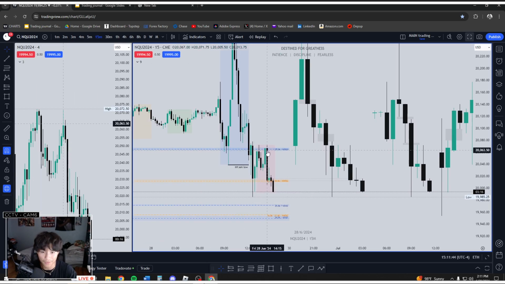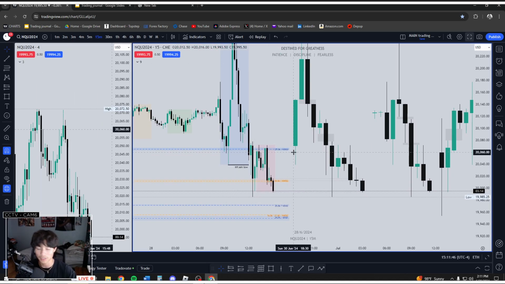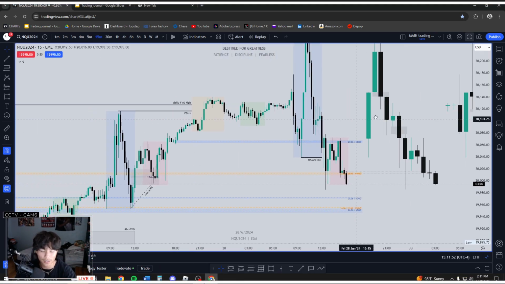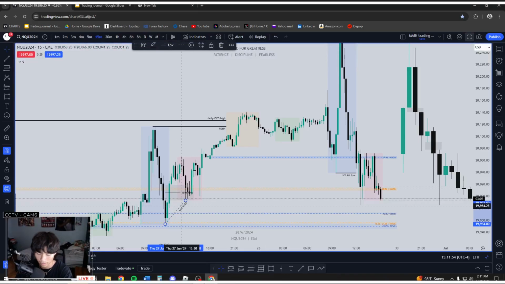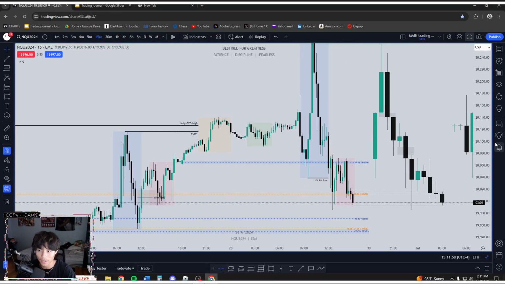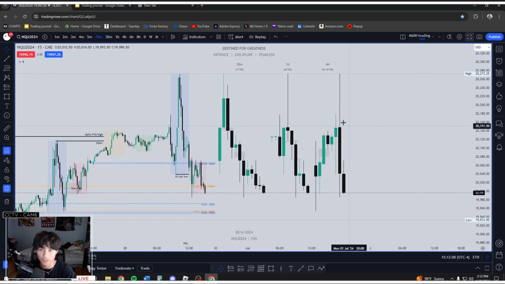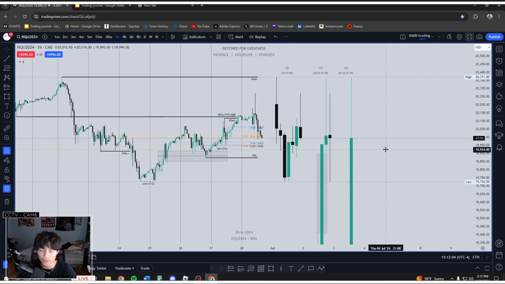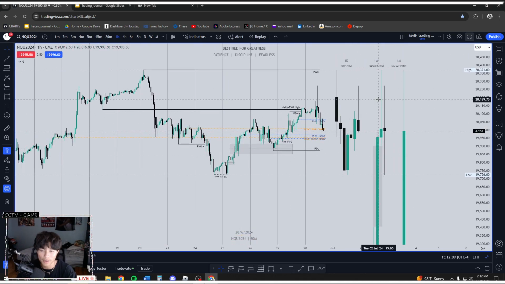If my model doesn't present itself, then I don't take it. But yeah, interesting days. Friday, the last trading day of the month, which is to be expected. I feel like prices are just holding until the next month's open.